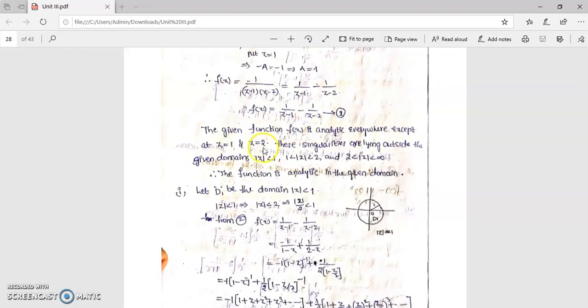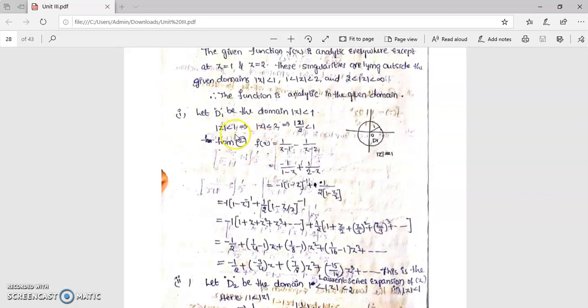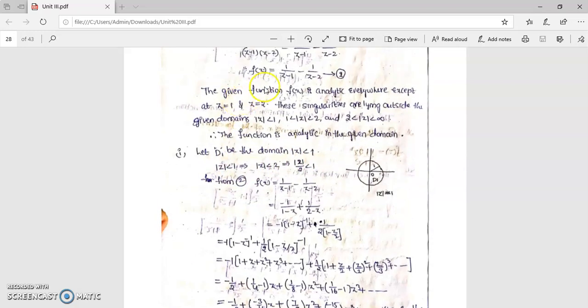First problem: let D1 be the domain mod z less than 1. Mod z less than 1 means mod z is also less than 2.